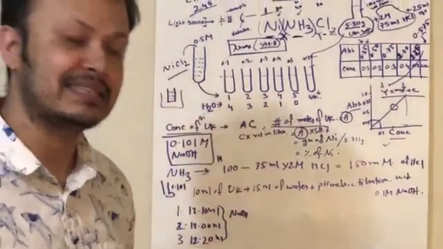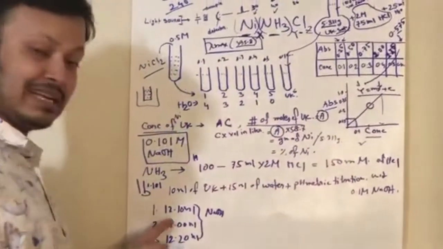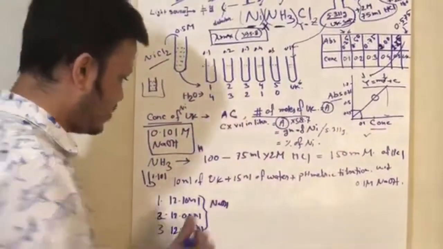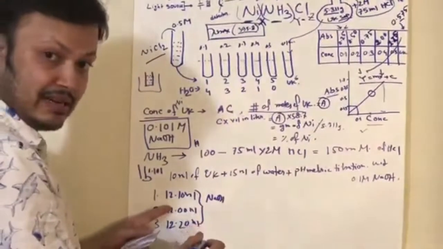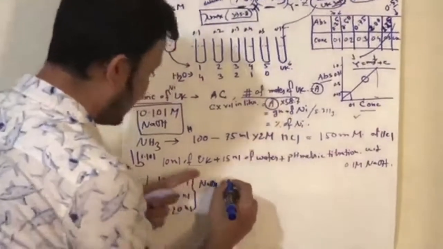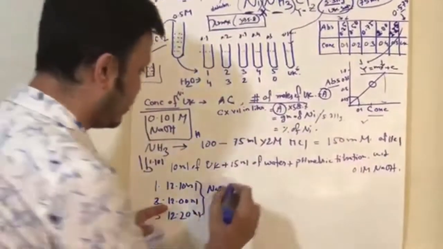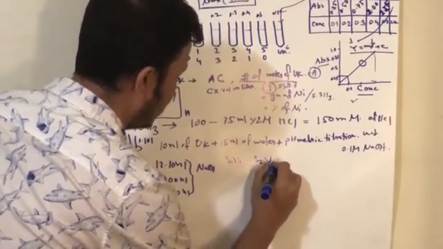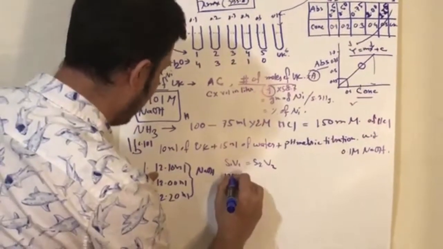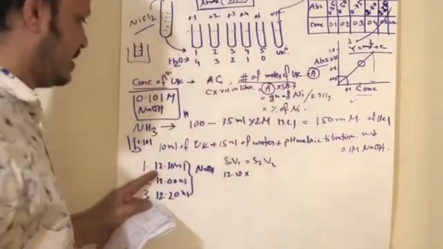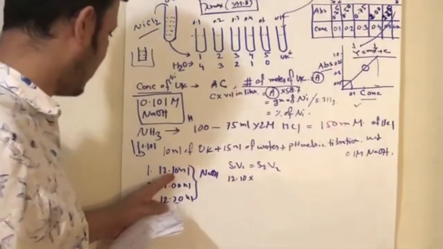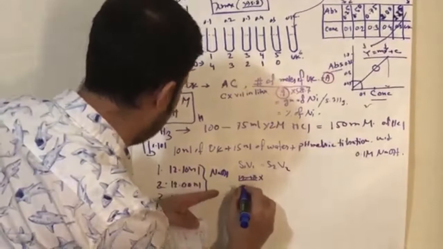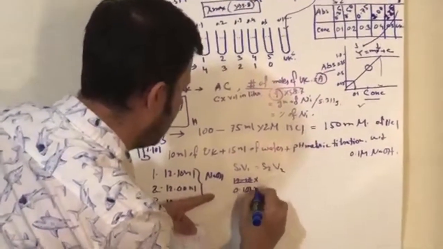Again, excess acid. This is the number of moles of sodium hydroxide you needed to neutralize the excess acid. This is the base, and you know the molar concentration of the base, so we will use S1V1. You know the volume is 12.10, and you know the concentration, 0.101.